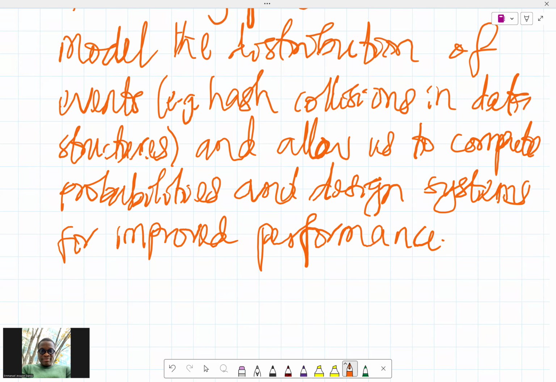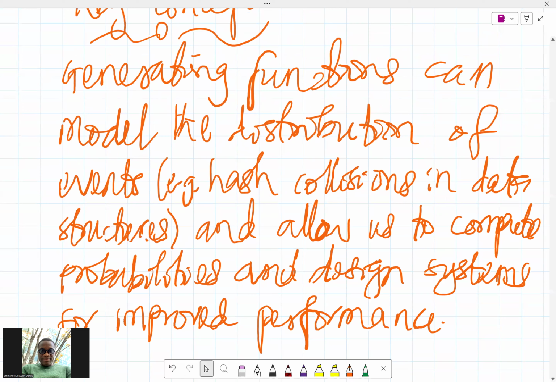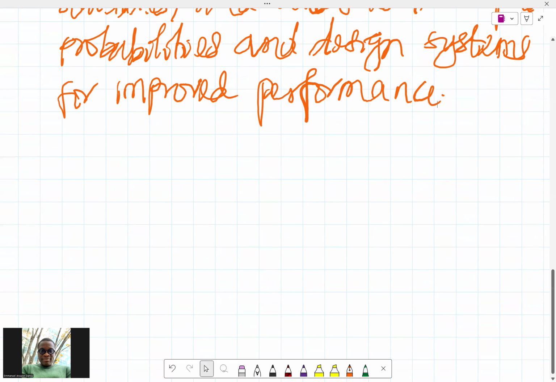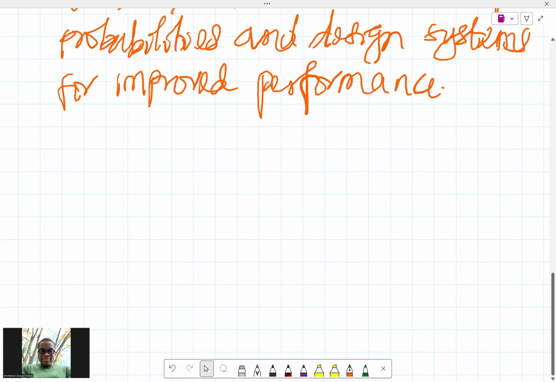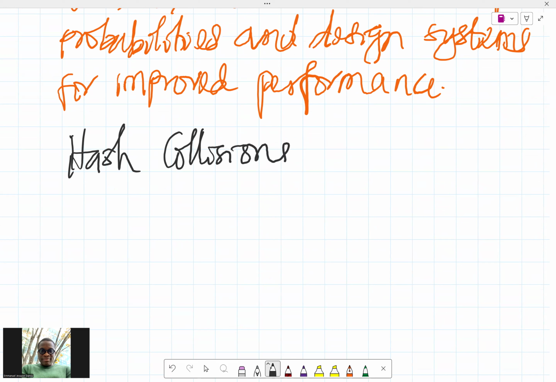Okay, now let's take an example which is about hash collisions in a hash table.